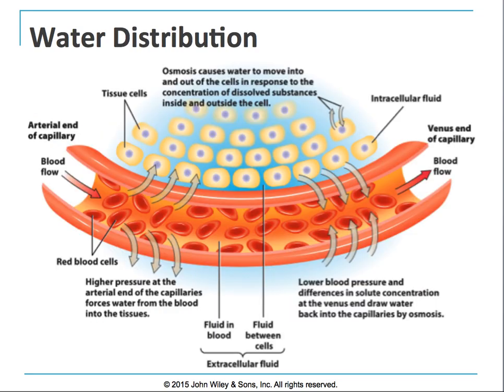And then this picture is from your book, showing you how water movement in your blood vessels affects your blood pressure. So we have blood flow. The blood flow in this picture is from left to right. And so over here on the left-hand side, what we're seeing is high pressure from the inside of the blood vessel onto your blood vessel walls.